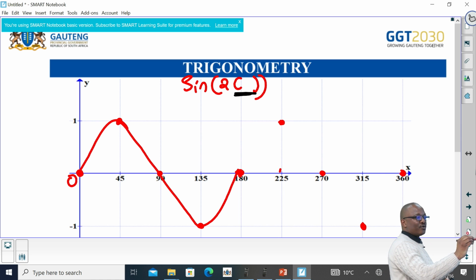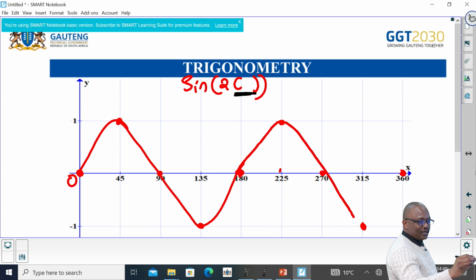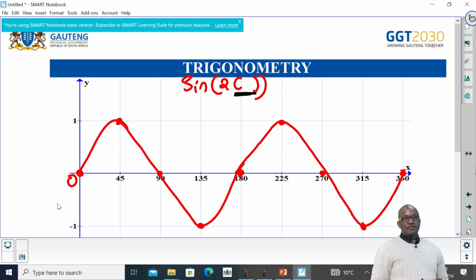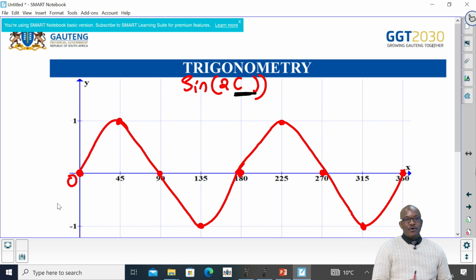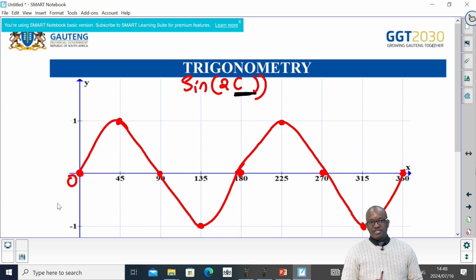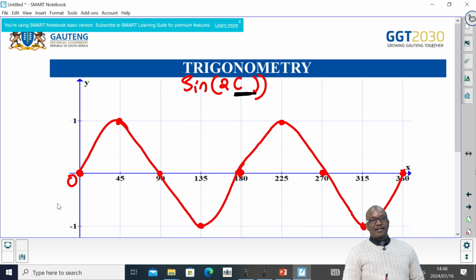So now this graph will complete another shape of sine. In this case, you can see that the graph of sine has completed 2 full revolutions. So that's how K affects this particular graph of sine.